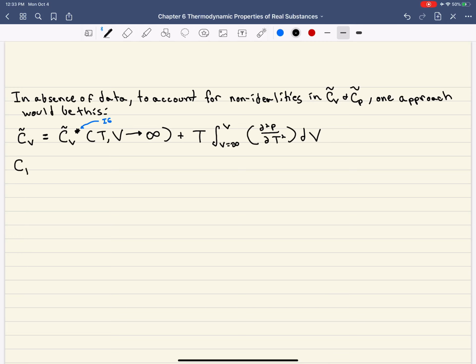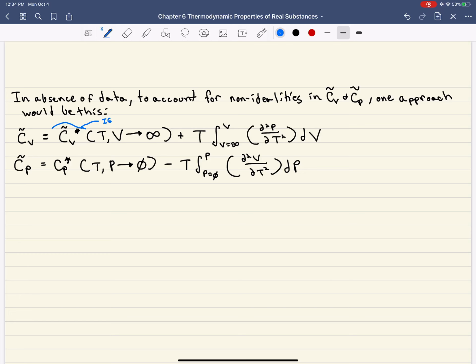And we do the same thing for CP as well, where we have an ideal gas term where pressure is taken at the limit of 0. And here we're going to subtract off the non-ideality. So it's the second derivative of volume with respect to temperature at constant P. Okay?